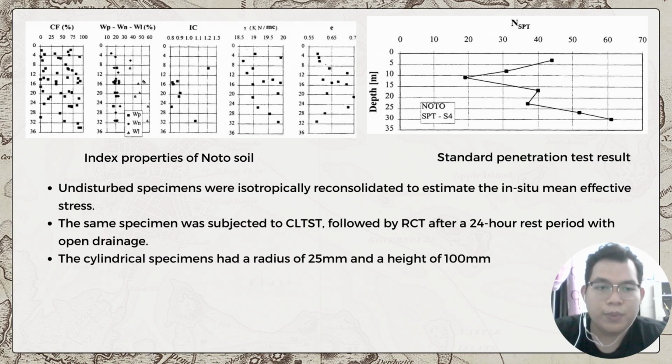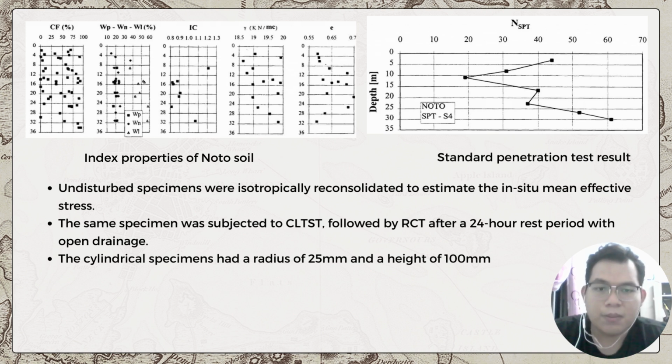There are two pictures that represent the results for the laboratory test. The first one is index properties for native soil and the second one is the standard penetration test result. From this data, we are able to understand the specimen, where it is isotropically reconsolidated to estimate the in situ mean effective stress.